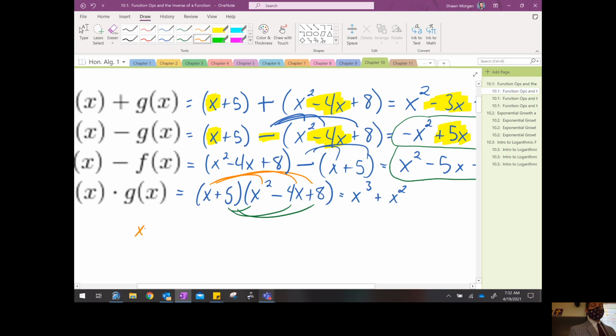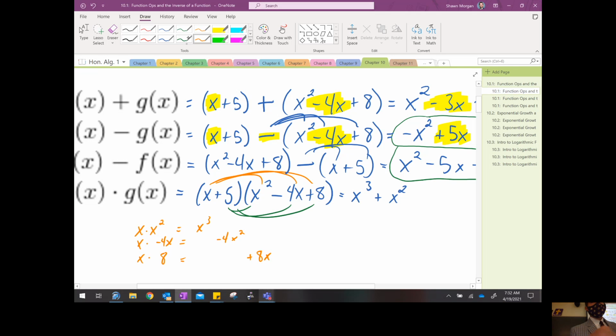So x times x squared, x times negative 4x, and x times 8, right? So that's going to result in 1x cubed minus 4x squared plus 8x. Everybody see that? Those are my first x times this, x times that, x times that, right?